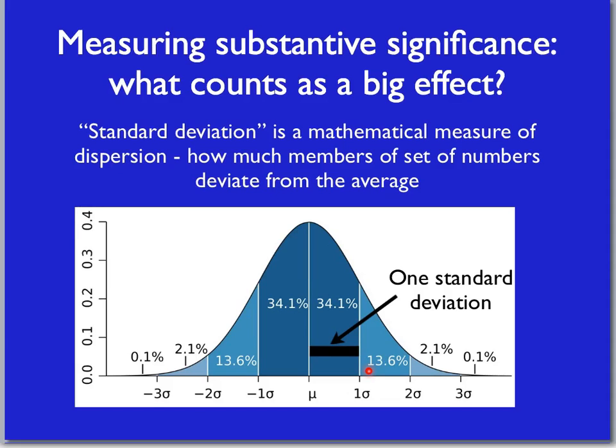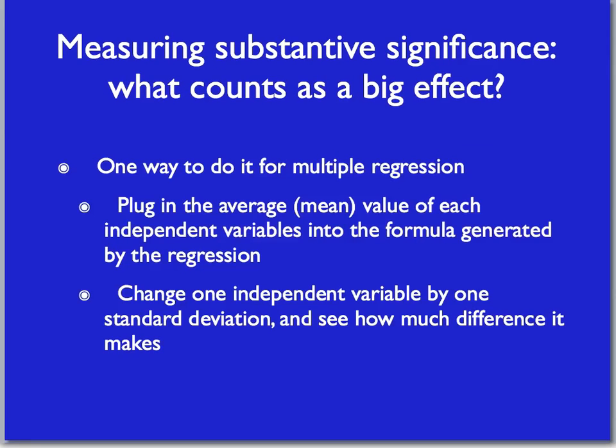Whether or not it's a big change, whether or not when you're comparing two members of a set of numbers, there's a big difference between them with respect to that set of numbers. So that's what standard deviation does. It's not important that you understand it in detail, just that you understand the idea that it gives you a metric, a measure for deciding what a big change in some variable is. And in terms of standard deviation, we can then figure out what counts as a big effect.